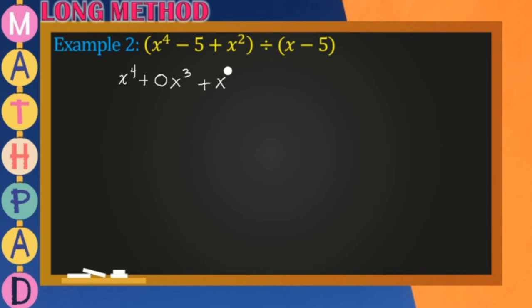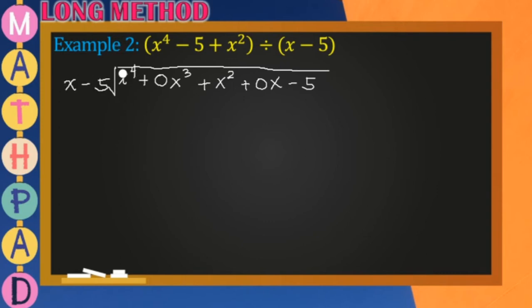So, that's x squared. Then, kasunod, yung may exponent na 1. Again, wala. So, we have to replace that with a term with a 0 coefficient. So, that's 0x. And then, minus 5. Okay? And then, copy our divisor here, x minus 5.